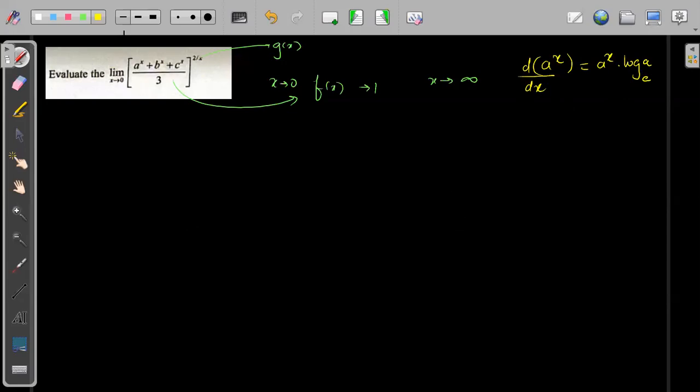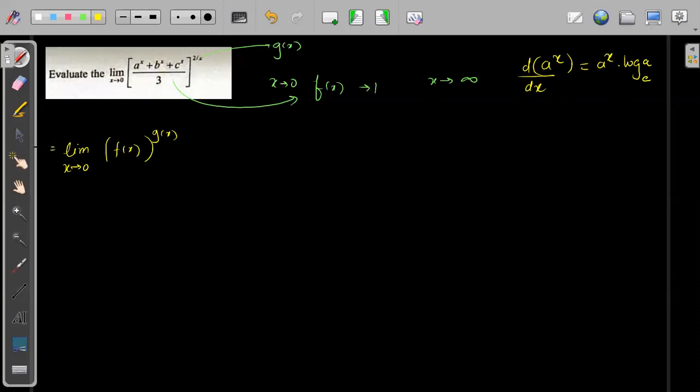Fine. So let's see. Basically what we are doing, we are writing this in the form of f of x to the power g of x, right? So limit of x tending to 0, this is f of x to the power g of x. Now I know I have to take log. It is so obvious that I have to take log, because all questions of this form we will take log no matter what.